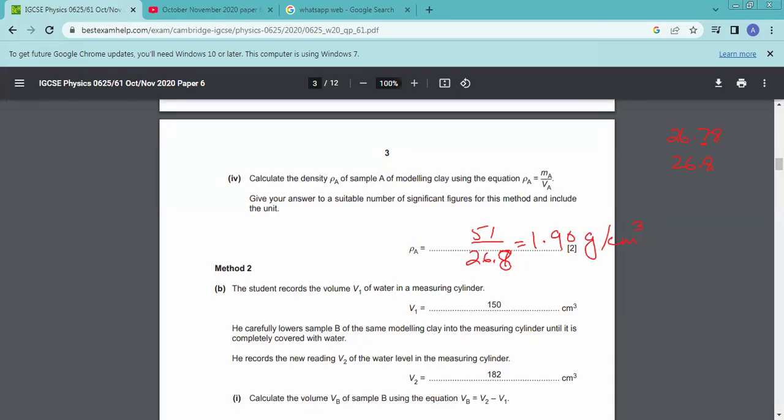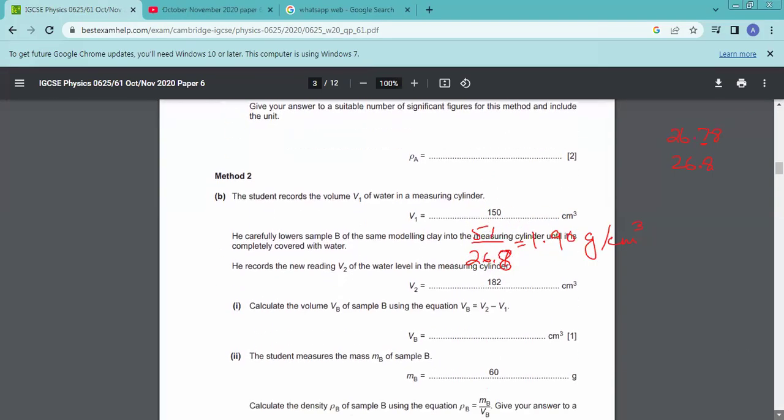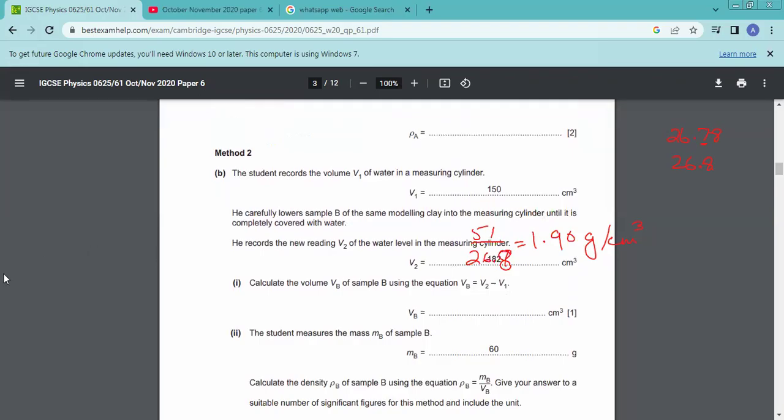In the next part, they say that the student records the volume of the cylinder. Again, there is another volume, but this time it is the volume in the measuring cylinder. You may say that this would be a type of cylinder, and in that cylinder there is already some water level. He records the new reading of the water level in the measuring cylinder.